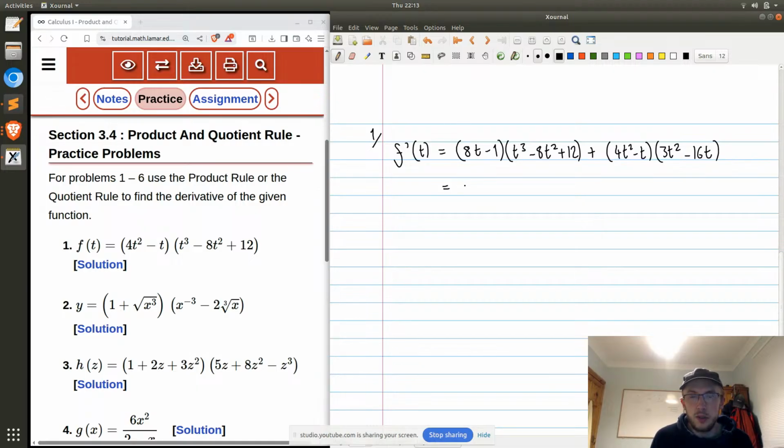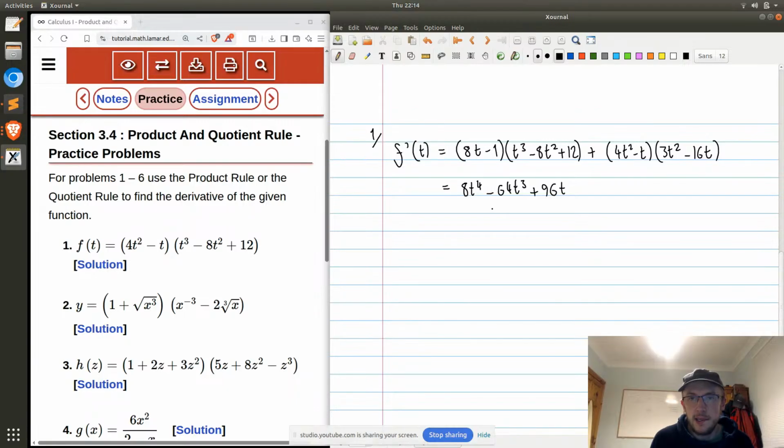So first I'll multiply 8t by everything here. I'm going to have 8t to the 4, take 64t cubed plus 96t. Then multiply everything by -1. So, wait, how can we be organized about this? Okay, when I multiply them by -1, I'll do it underneath.